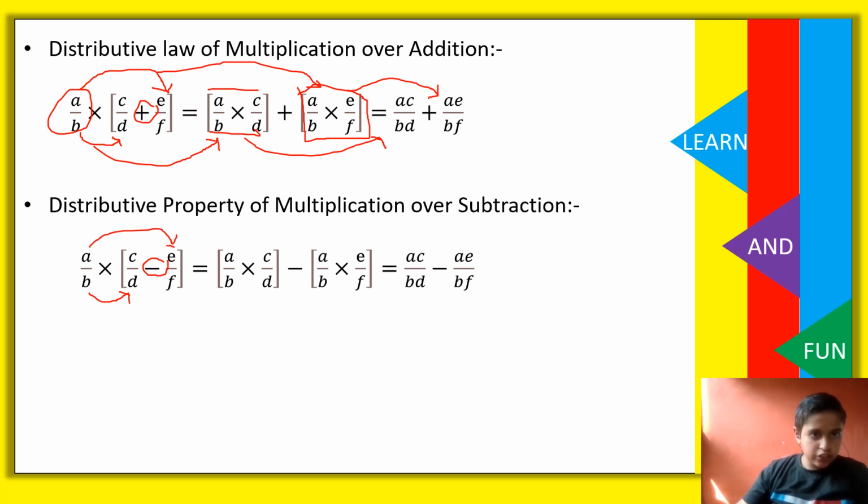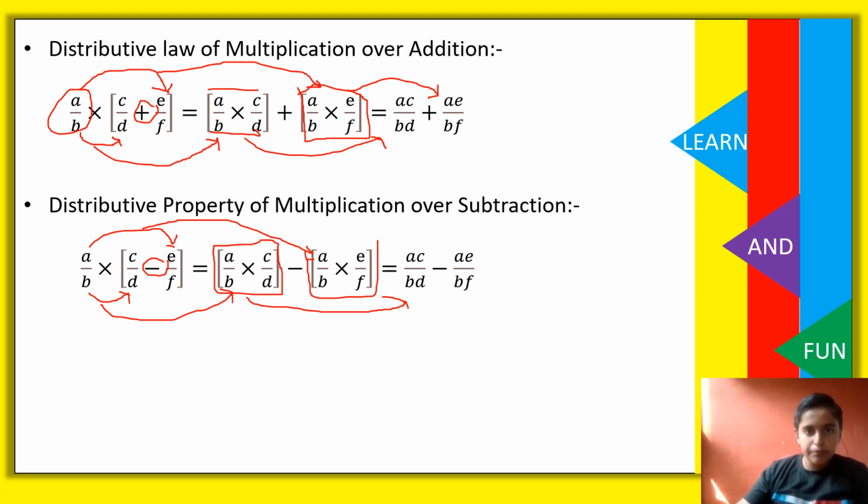So this came over here, and this came over here. After that, AC upon BD came over here as it is, and then the minus sign as it is, and then AE upon BF. So this is how this works, and we solved this too.